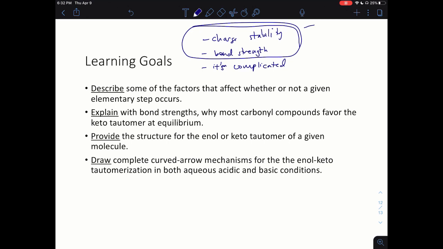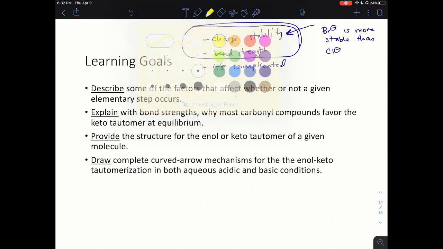And particularly as we move on and zoom in on some of these reactions, we're especially going to think about charge stability. So for example, bromide is more stable than chloride. How do I know that? Well, bromide is a weaker conjugate base, right?